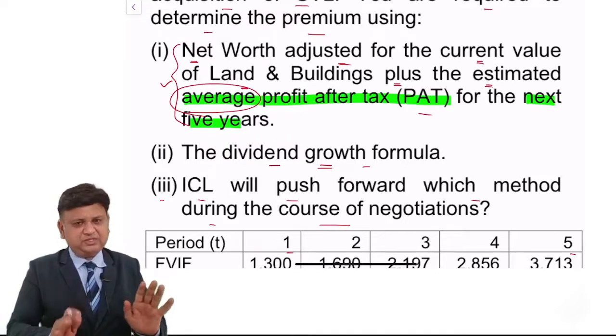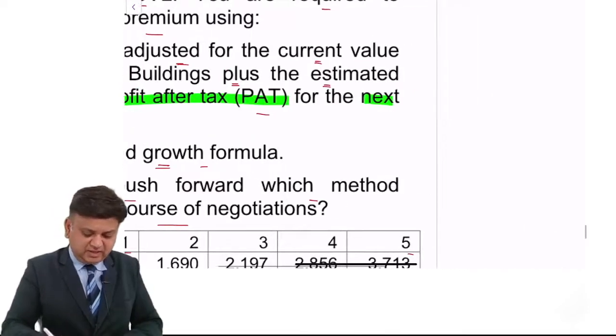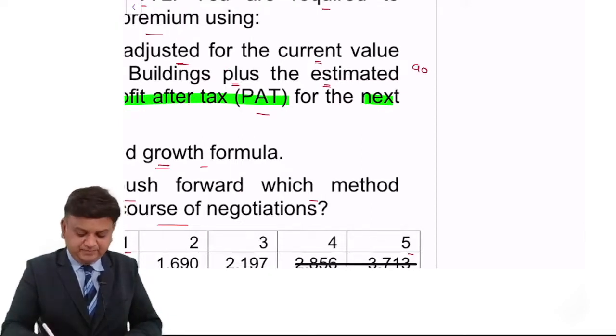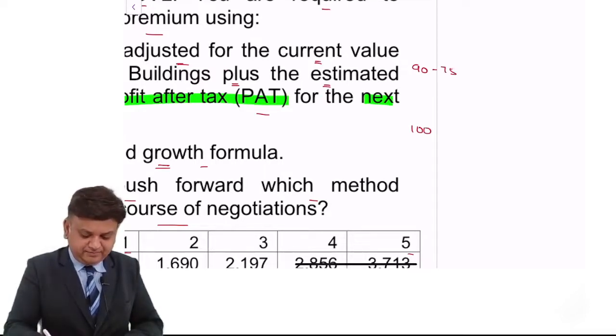Suppose I am just taking examples. Suppose in the first case the price is 90, in the second case the price is 100. What is the current price? Current price is 75. So what is the premium? Premium is 15. In the second case, premium is 25.